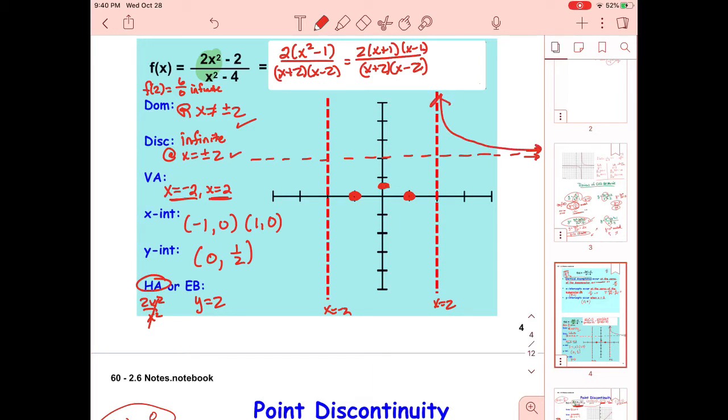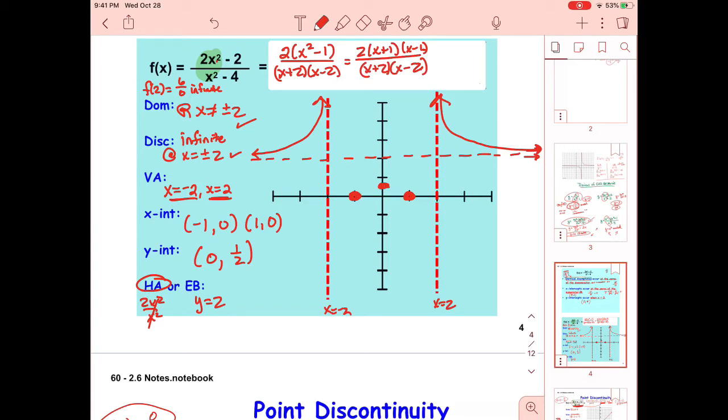That means that this graph is going to be above that asymptote and look like that. On the other end, when we plug in a -3, it's also going to be above because x is squared, so it's going to be the same.